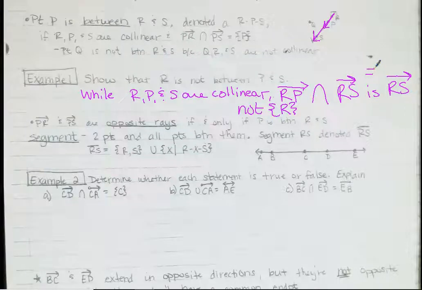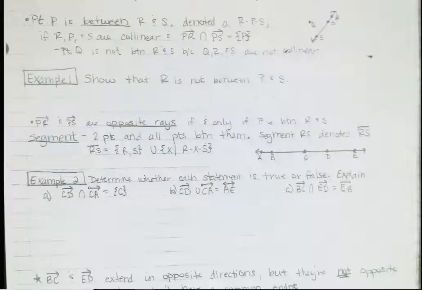Okay, the next notation down here says rays PR and PS are opposite rays if and only if P is between R and S. So PR and PS are opposite rays only if P is between, and it is.